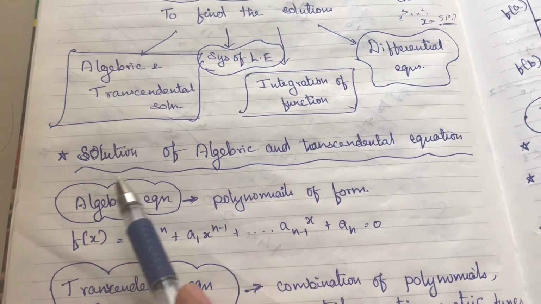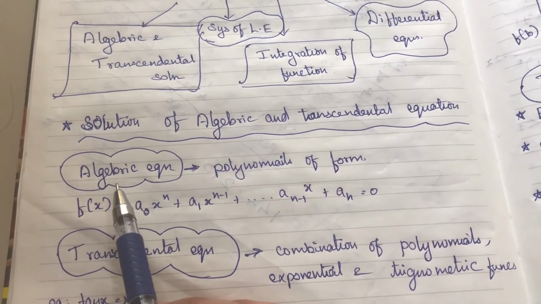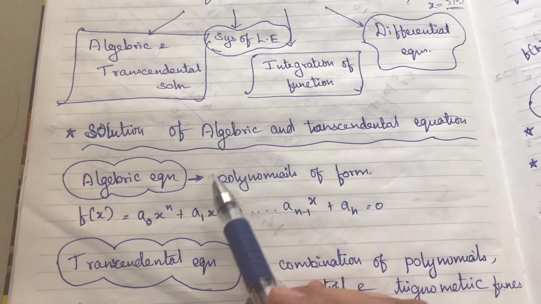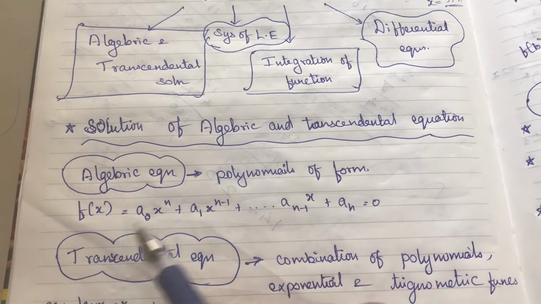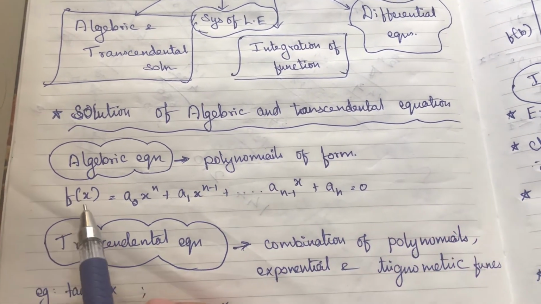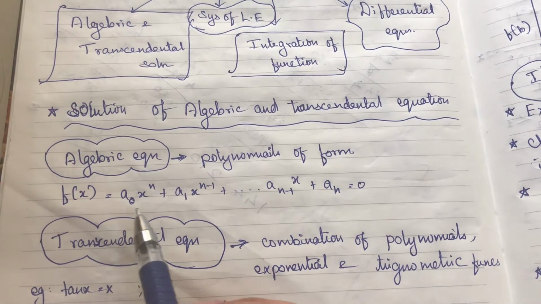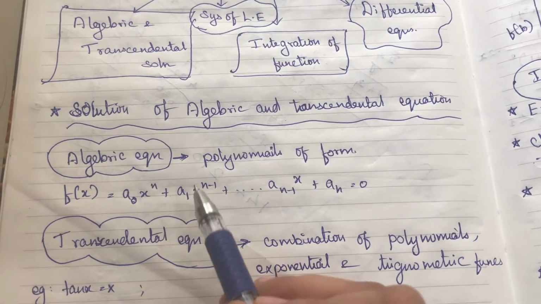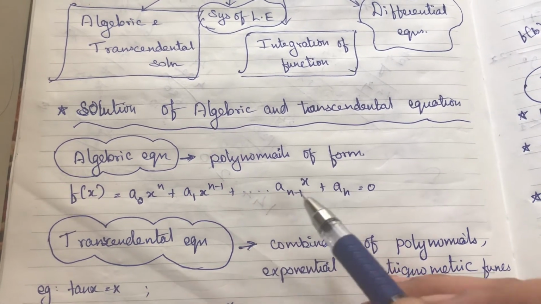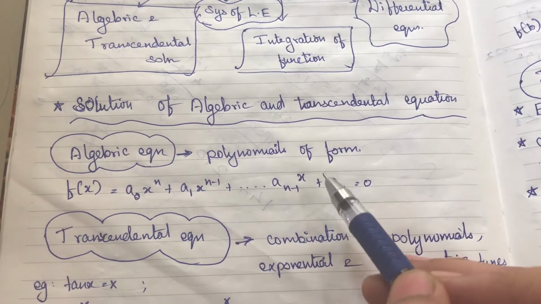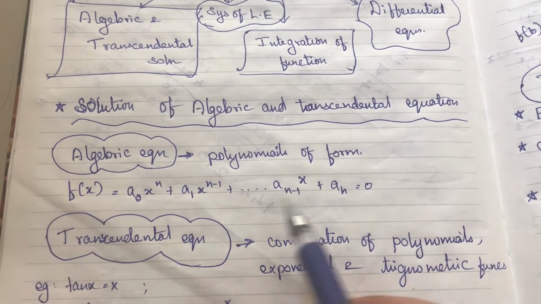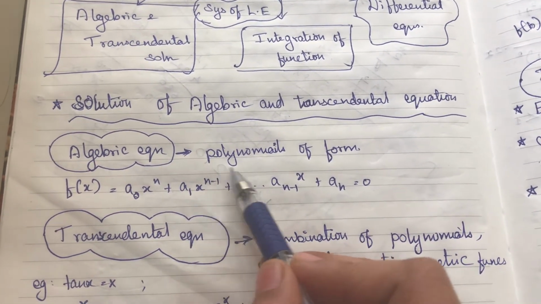So first one we're going to see is the algebraic equation, which is in the form of polynomials. It contains many terms. Like f of x equal to a naught into x power n plus a1 into x power n minus 1 plus up to a n minus 1 into x plus a n, which is equal to 0. So it contains many terms and it's a polynomial.